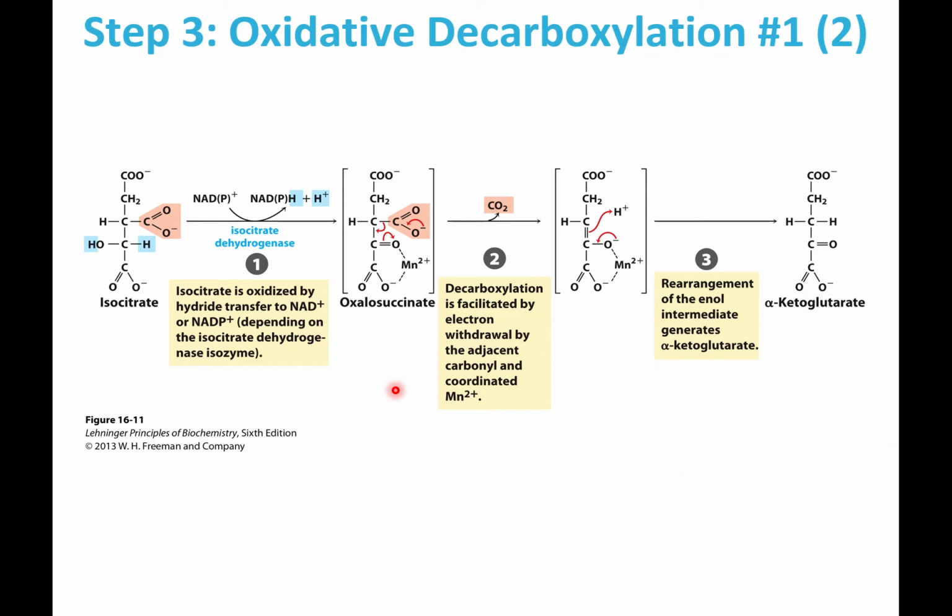Okay. If we look at this in a little bit more detail, isocitrate is oxidized by transfer to NAD+. Technically it can be NAD+ or NADP+, but we'll stick to NAD+. Okay. So you have this hydride transfer, so a proton and a hydride are being lost from isocitrate, okay, and that's being used to reduce NAD+ to NADH.